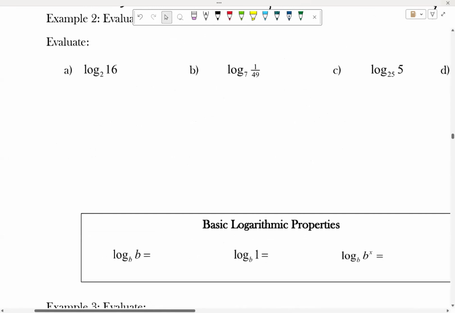Okay, we're going to evaluate some of these. Log base 2 of 16 is a very likely kind of question you're going to see on our next quiz, definitely on the test. For this one, we say, I don't know what this equals, so I'm going to call this equal to X. And now that it's a full statement, I can rewrite it as exponential.